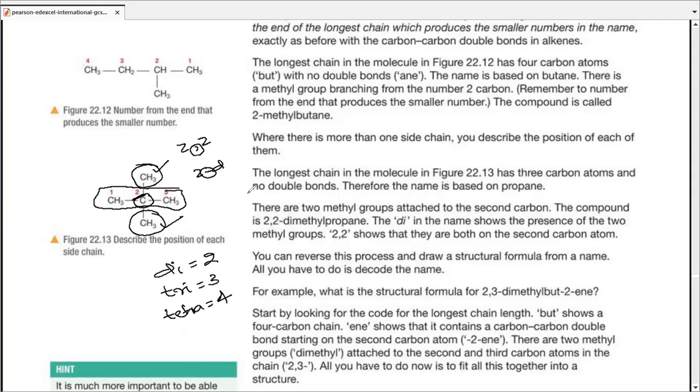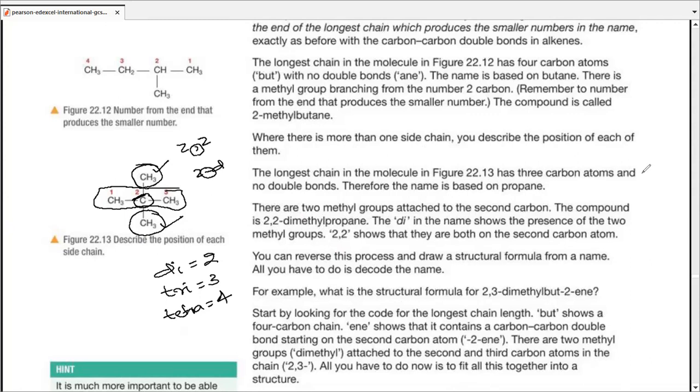The 2 and 2 means that both the branches are present on the second carbon atom. Di means that there are two branches. Meth means both the branches have a single carbon atom. Yl represents the suffix of the branch. Prop represents that there are three carbon atoms in the parent chain. Ane represents that those carbon atoms in the parent chain are singly bonded. So every part of the name has its purpose.